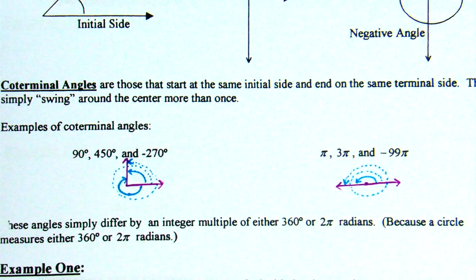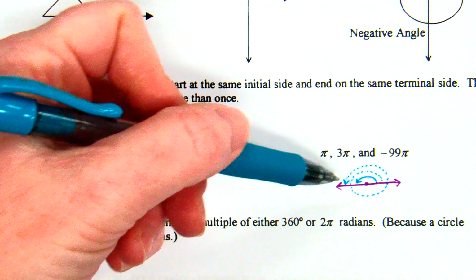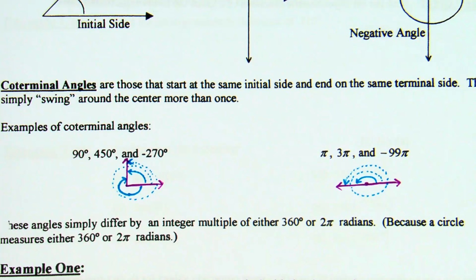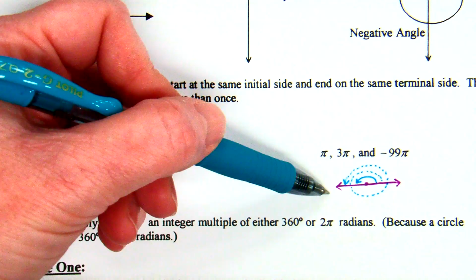Because what's happening? Each time you go halfway around, that is 1 pi. Because what's the whole way around? 2 pi. Okay, so I ended at 3 pi. If we went a full way around again, what's the next one that's equivalent? 5 pi. If we go the full way around, yes, 5 pi is equivalent.